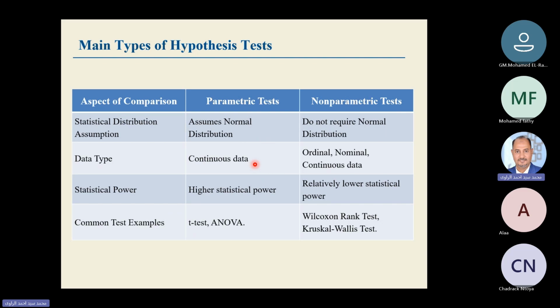Also, in parametric tests we have continuous data. In non-parametric tests, we can use ordinal, nominal, or continuous data. But parametric tests are important because they have higher statistical power than non-parametric tests. Parametric tests are, for example, the t-test or ANOVA, and non-parametric tests are, for example, the Wilcoxon rank test, Kruskal-Wallis, and others.